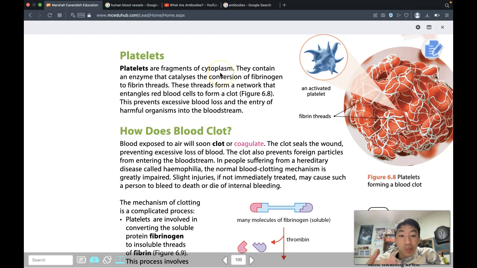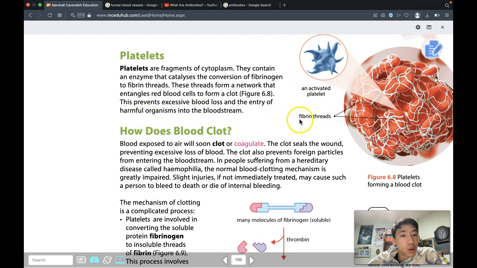Okay, so they used to be a cell, and then they fragment into many platelets. So what do they contain? They have an enzyme that catalyzes the conversion of fibrinogen to fibrin threads. These threads form a network that entangles red blood cells to form a clot, and this prevents excessive blood loss and the entry of harmful organisms into the bloodstream.